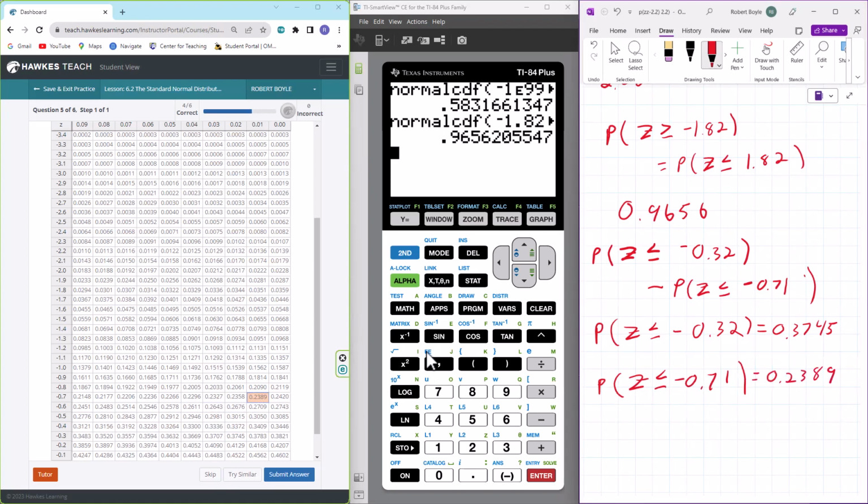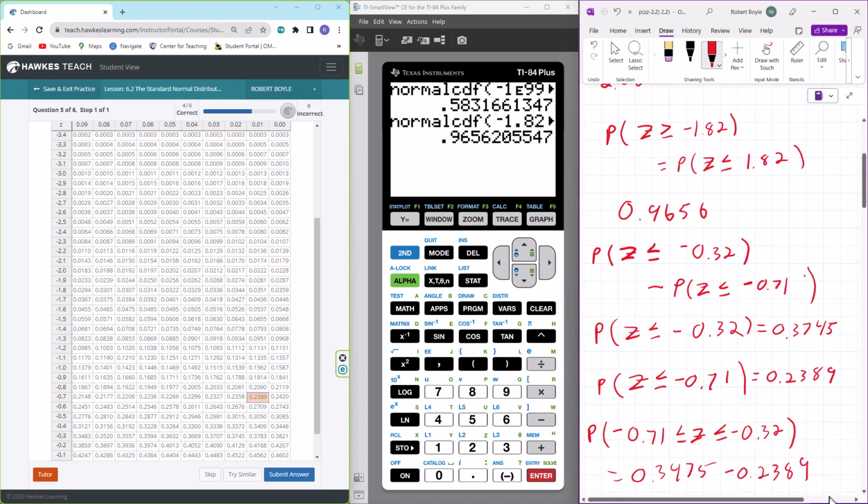Then the area under that curve, which by the way is equal to the probability that z is greater than negative 0.71 and less than or equal to negative 0.32, is going to be equal to 0.3475 minus 0.2389.